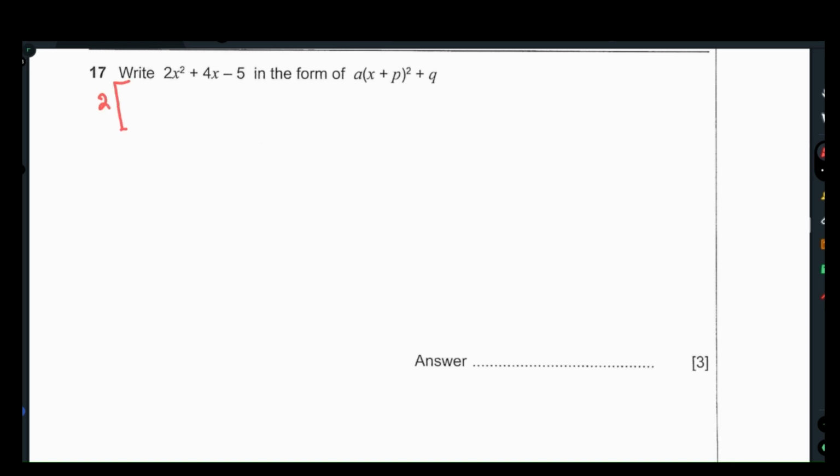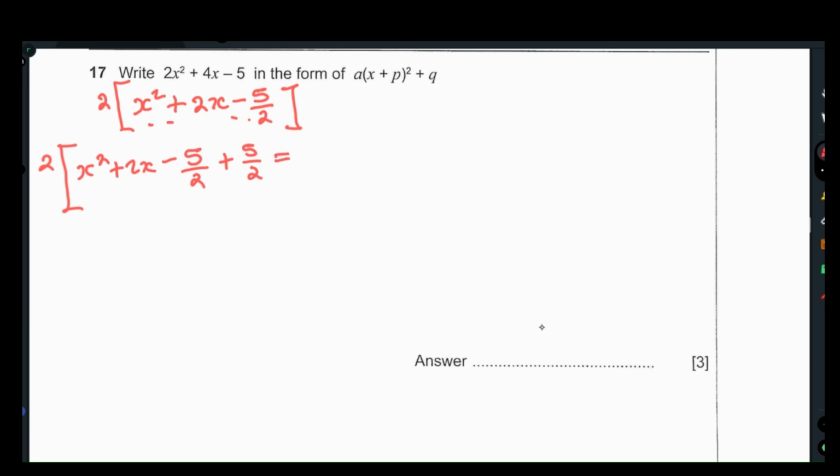So this will be 2 open bracket x squared plus 4x divided by 2, that gives us 2x, minus 5 over 2. Now let's complete the square of the term inside the bracket. The 2 will remain outside, so we'll say x squared plus 2x minus 5 over 2.